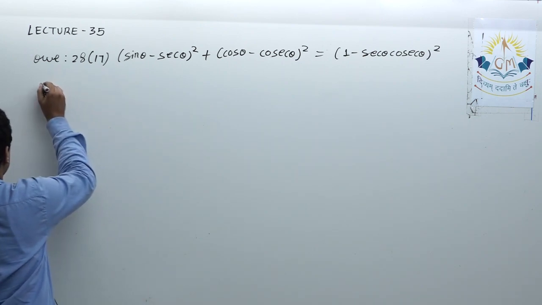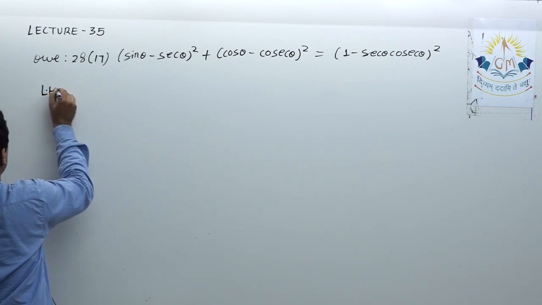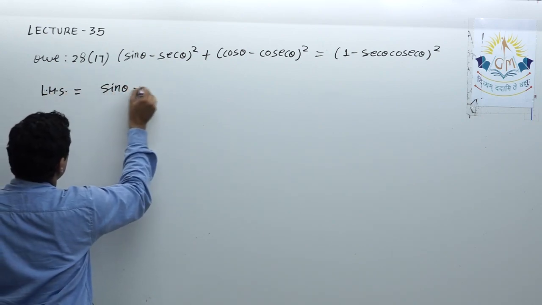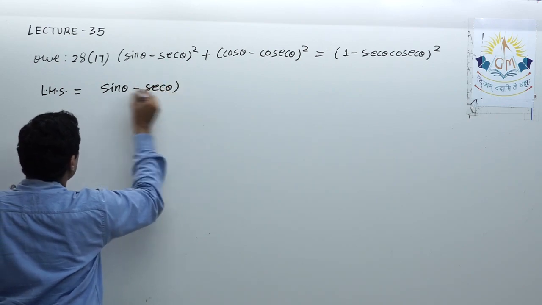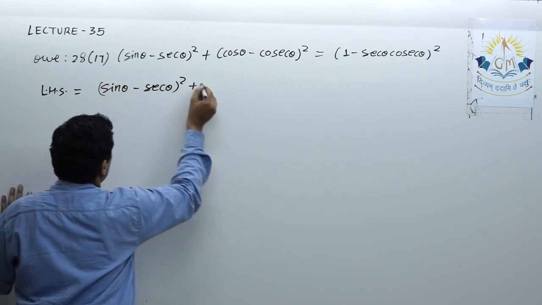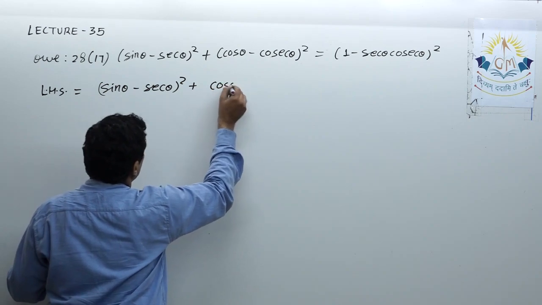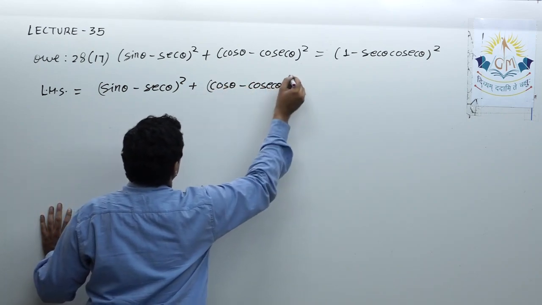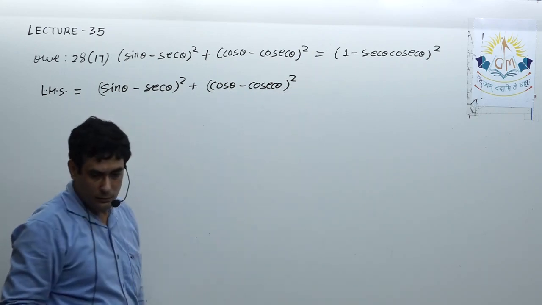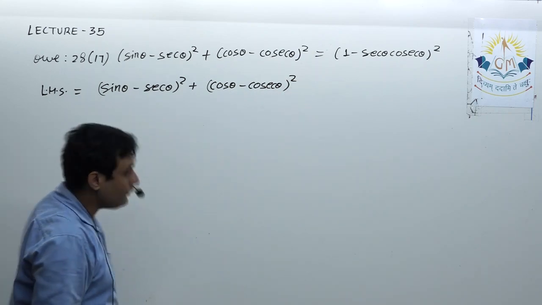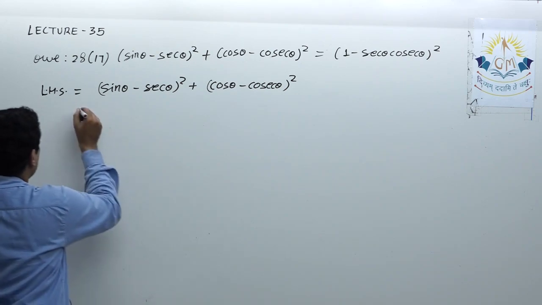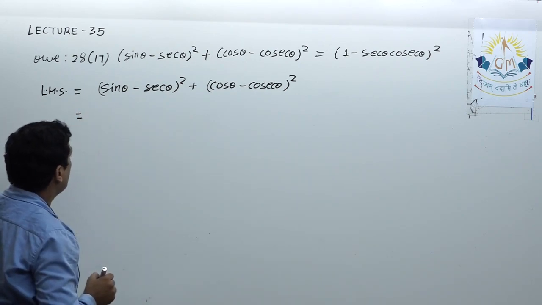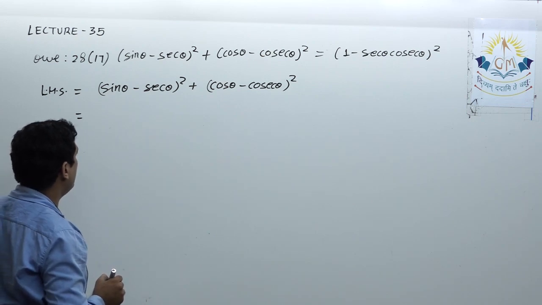So definitely we will start with the left hand side only. We have (sin theta minus sec theta) whole square plus (cos theta minus cosec theta) whole square. We'll start by expanding this by applying the identity.